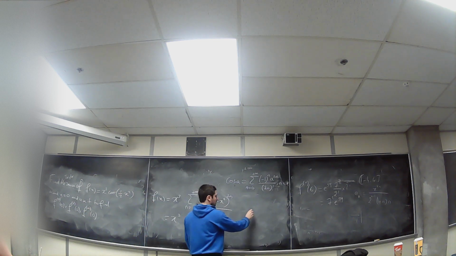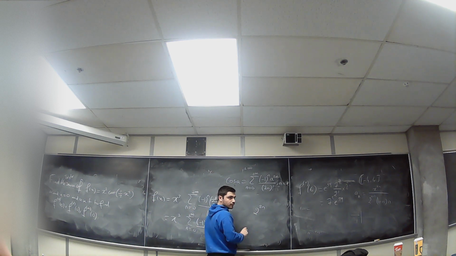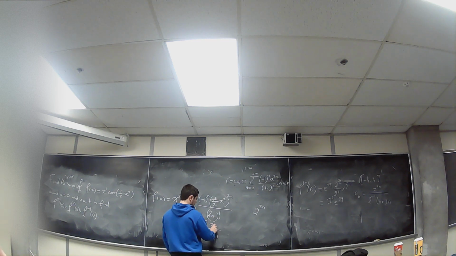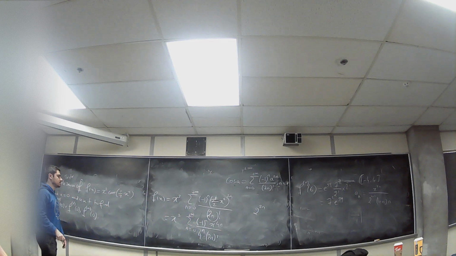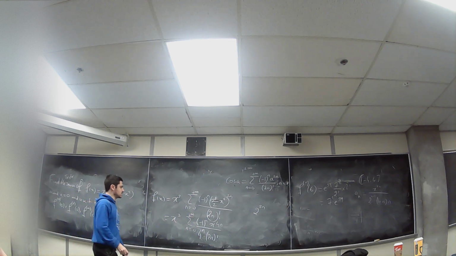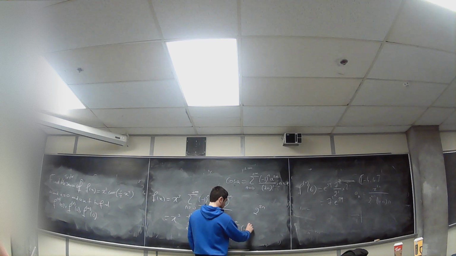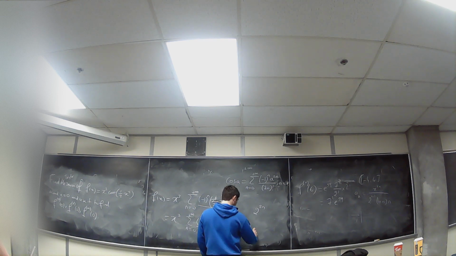What is 2 to the 2n? 4 to the n, right? 4 to the n times 2n factorial, times x to the 4n, times x cubed. So what do I get here? Minus 1 to the n.